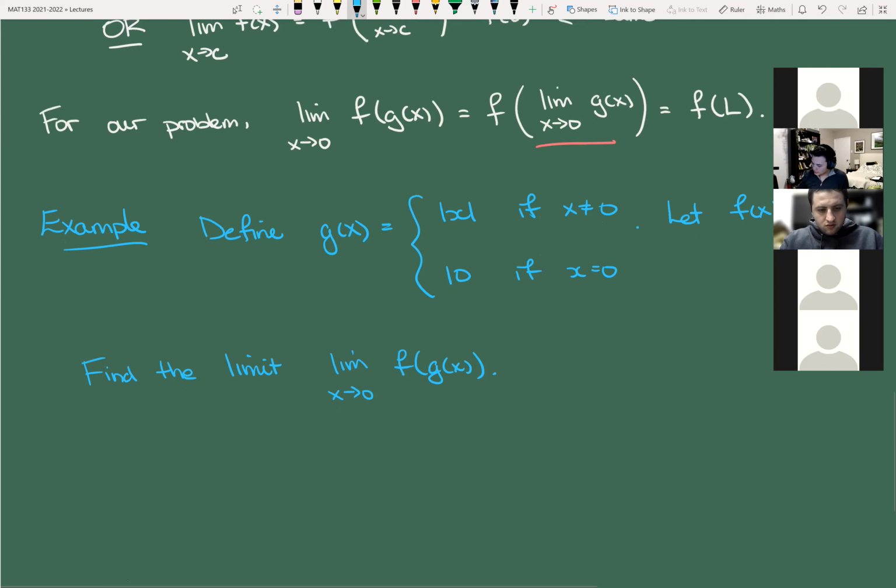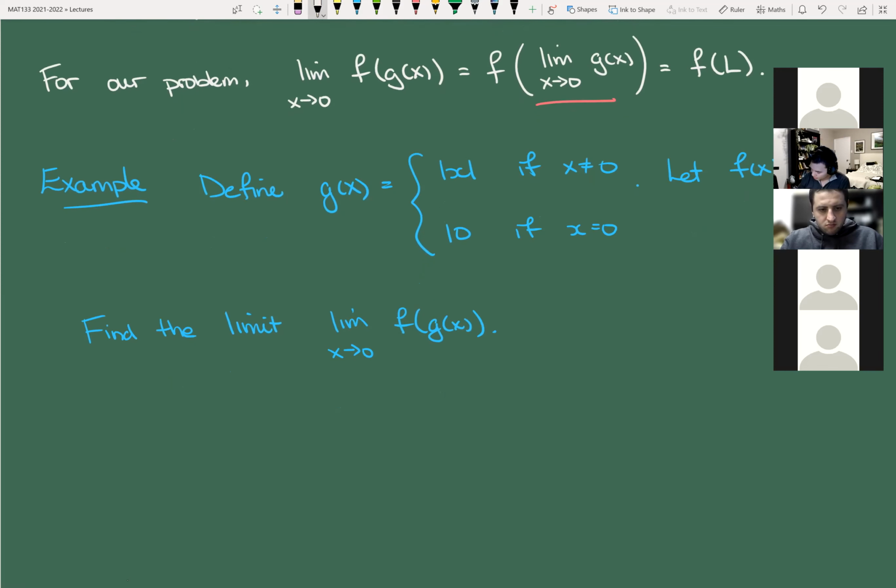But first things first, somebody tell me, what is the limit as x approaches 0 of g of x? So just forget about f. What is the limit of g of x?